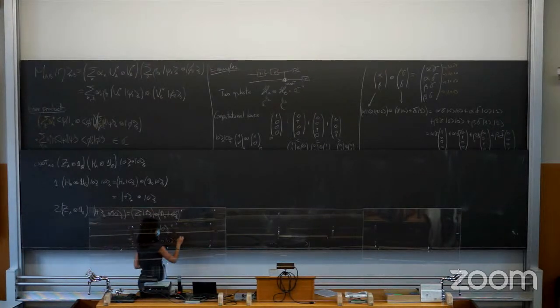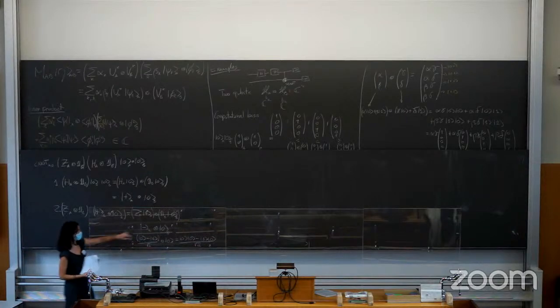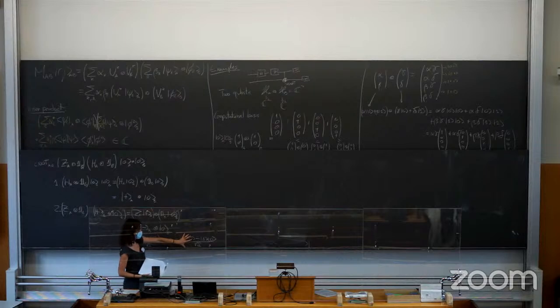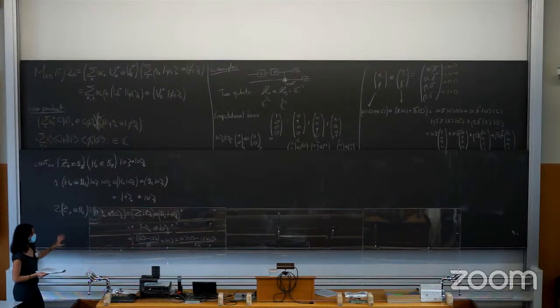So we have 0, 0 minus 1, 0 over square root of 2. And remember, this is still a product state. We just rewrote it, even though we're writing it as a superposition, because I know it's going to be useful later. So far, so good.